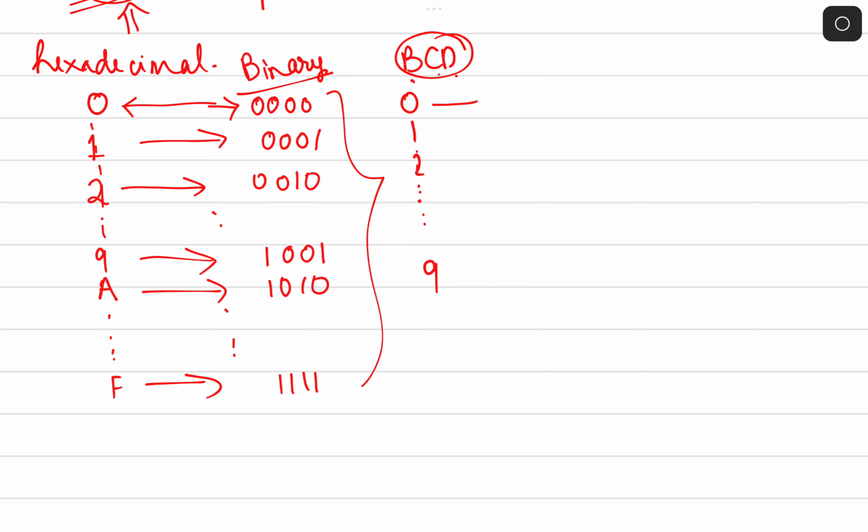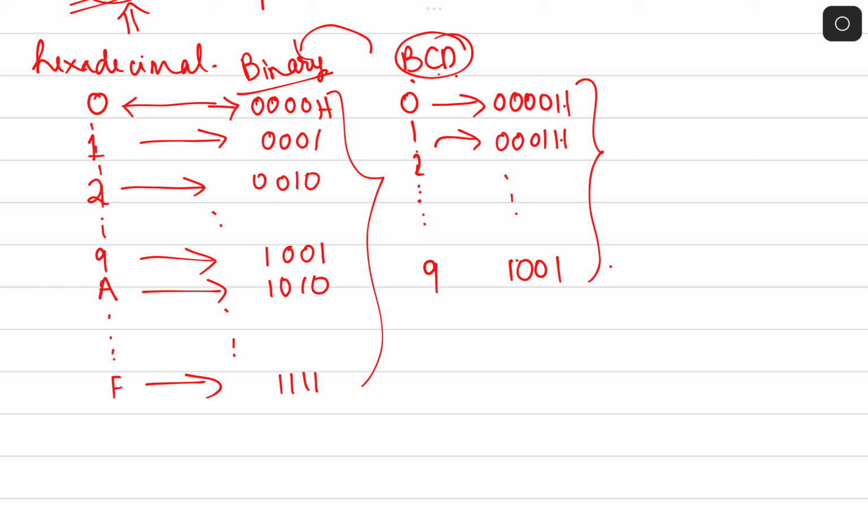So in BCD, every digit in decimal from 0 to 9 is represented by binary numbers like this: 0000, followed by 0001, up to 1001.